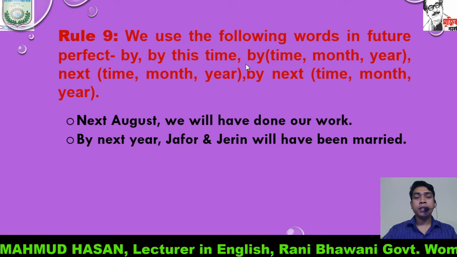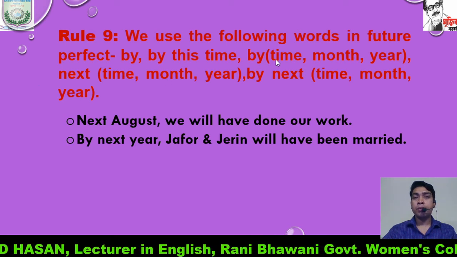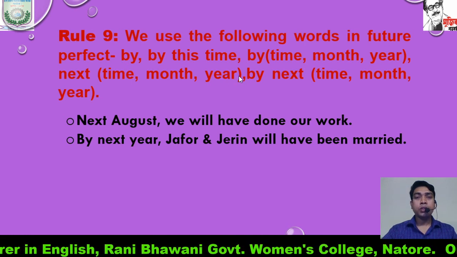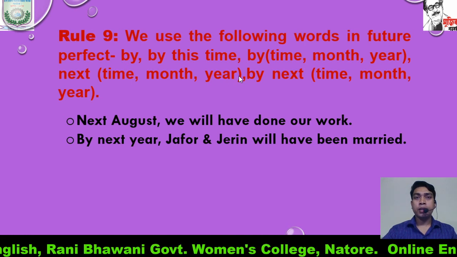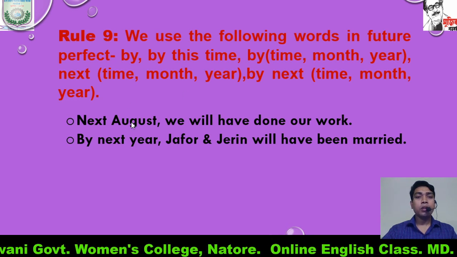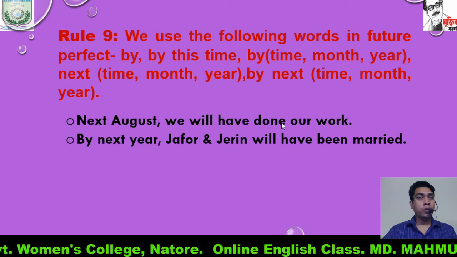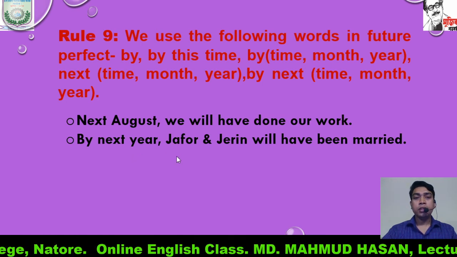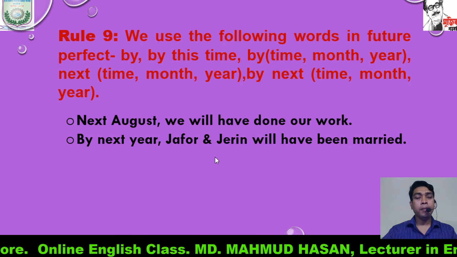These are some indicators and markers of future perfect. If we face these words in a sentence, we can use future perfect tense. Next August, we will have done our work. By next year, Zafar and Zarin will have been married.